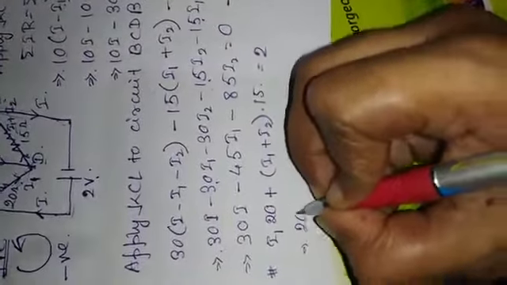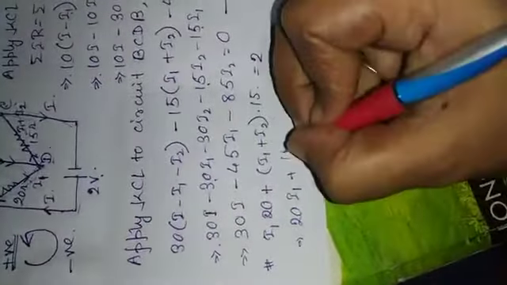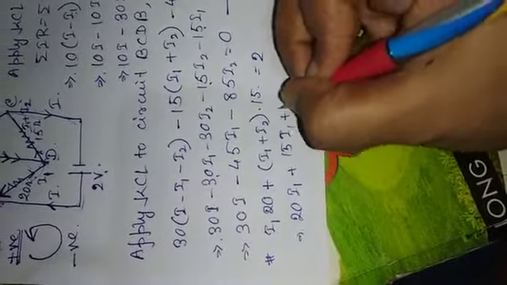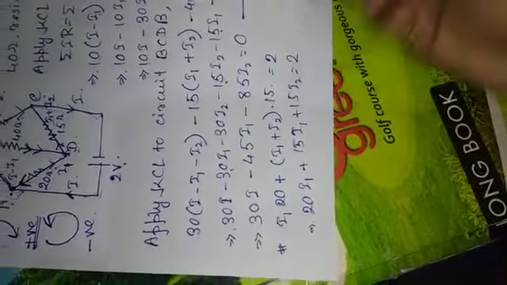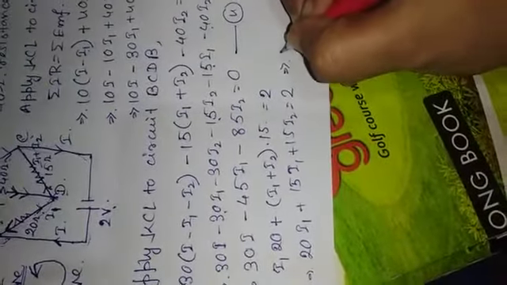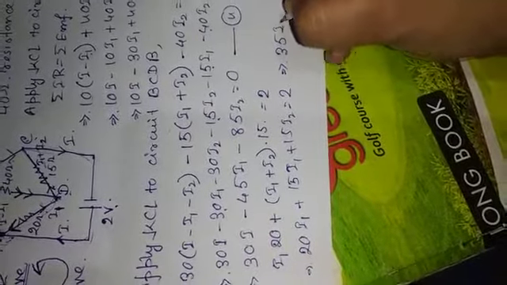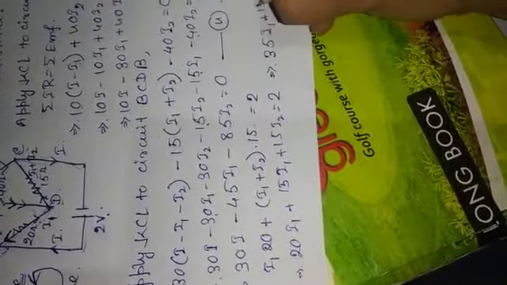Here 2 volt is the voltage drop. So what I am getting? 20I1 plus 15I1 plus 15I2, that is equal to 2. So 35I1 plus 15I2 equal to 2.